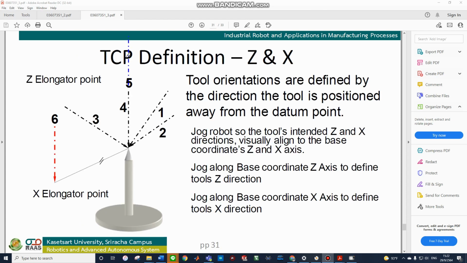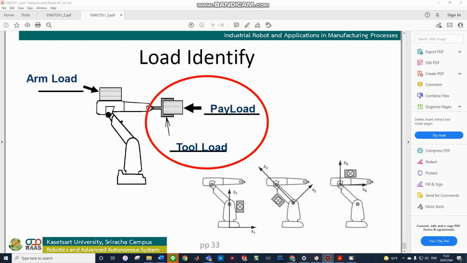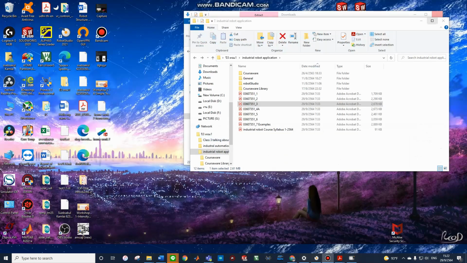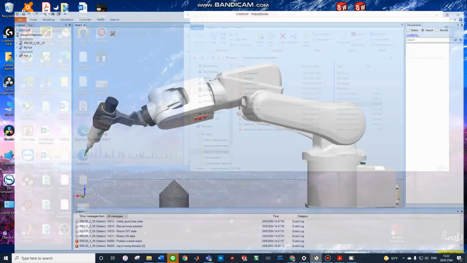The TCP definition, the Z and X. The two orientations are defined by the direction to its position away from the endpoint. Load definition, some load payload. I will show you TCP. About TCP.